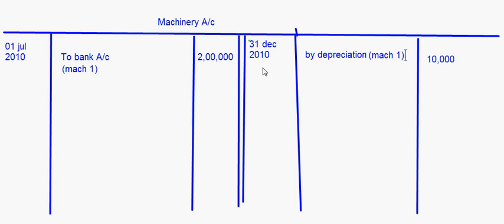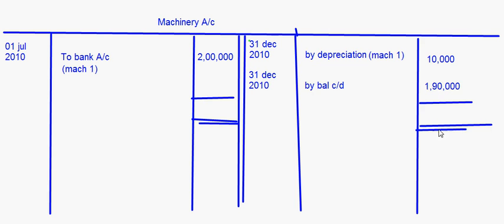Again you can put it as machine 1 here, so that you know for which machine it is, since in this question we have more than one machine. Now on this date itself, 31st December 2010, you have to calculate the balance, by balance carried down. So 2 lakh minus 10,000 is 1,90,000.